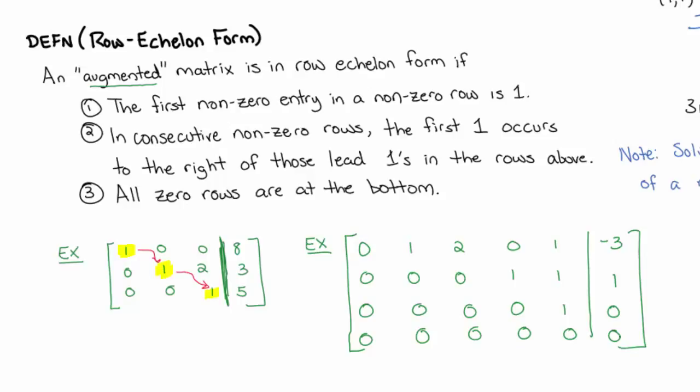Again, the first non-zero element in each row is a 1. Moreover, in each row, the ones that are the first elements appear to the right of the first elements in the row previous. Okay. And finally, the last row there is a 0 row. So all the 0 rows are listed down at the very bottom.